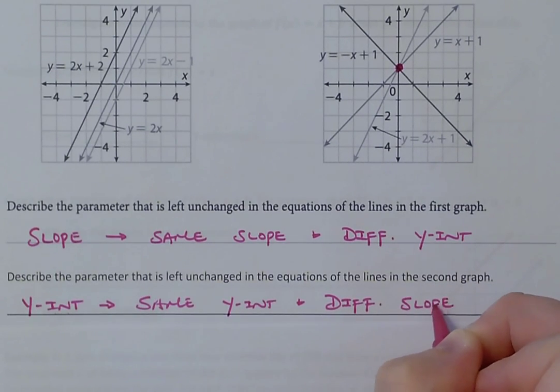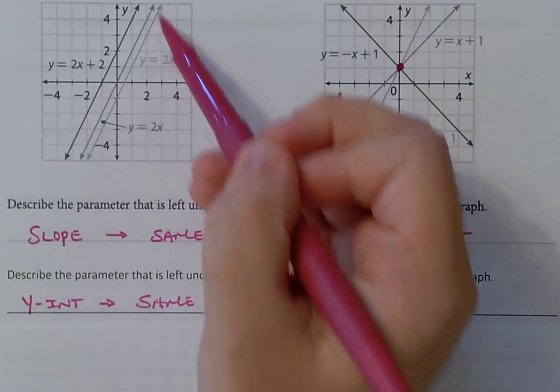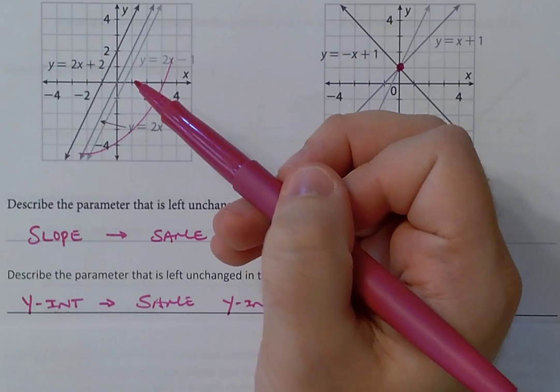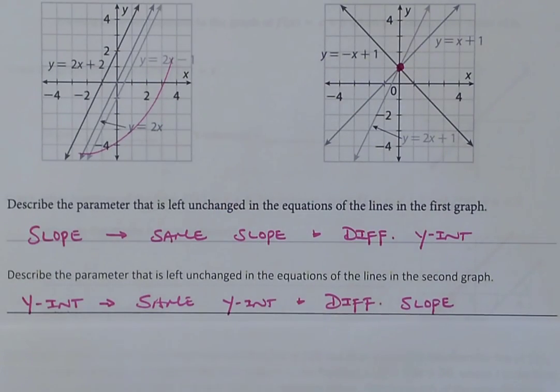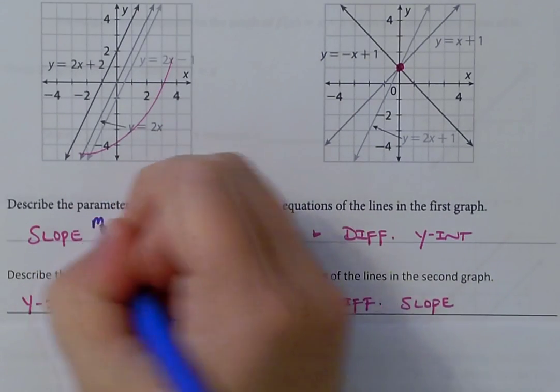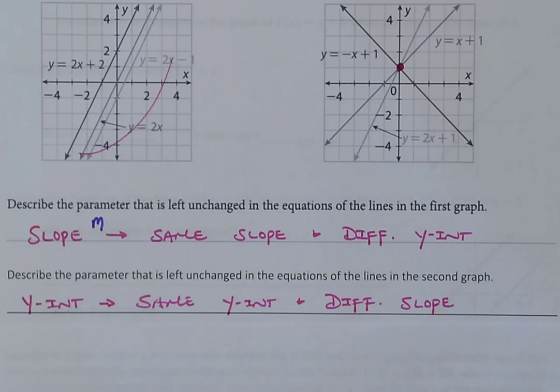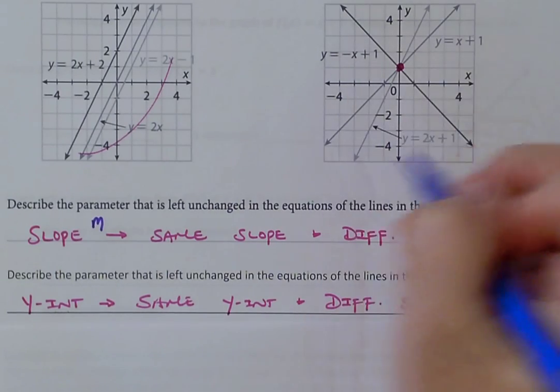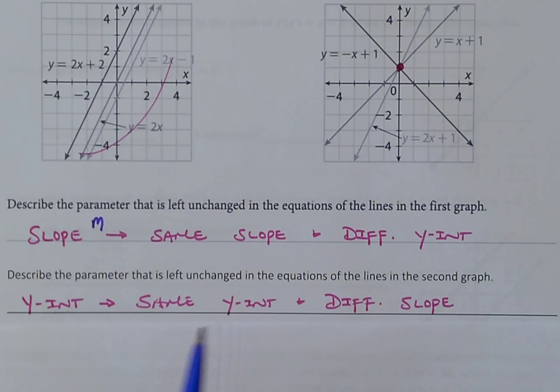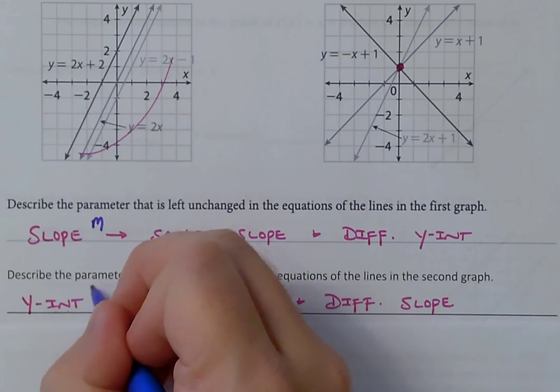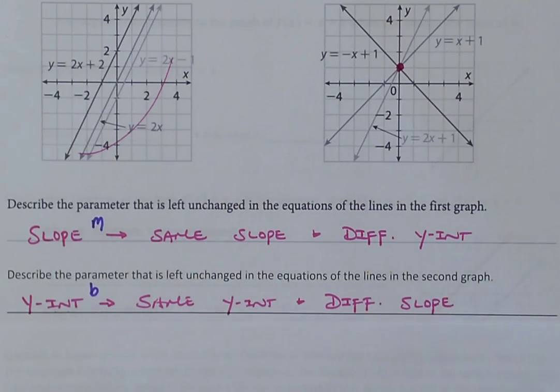So when you get to the questions that are going to ask you what parameter is left unchanged, if your graph looks something like this, the slope, or our m value, is left unchanged. If your graph looks something like this, your y-intercept, or your b value, is the parameter that is left unchanged.